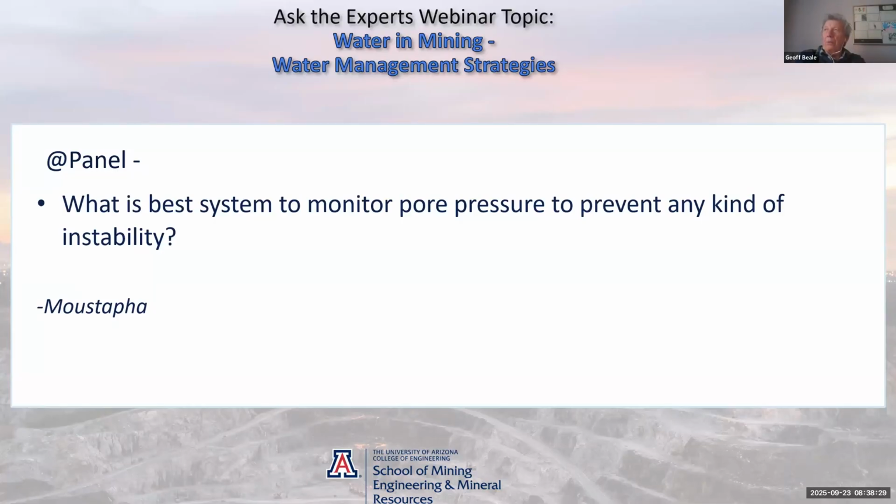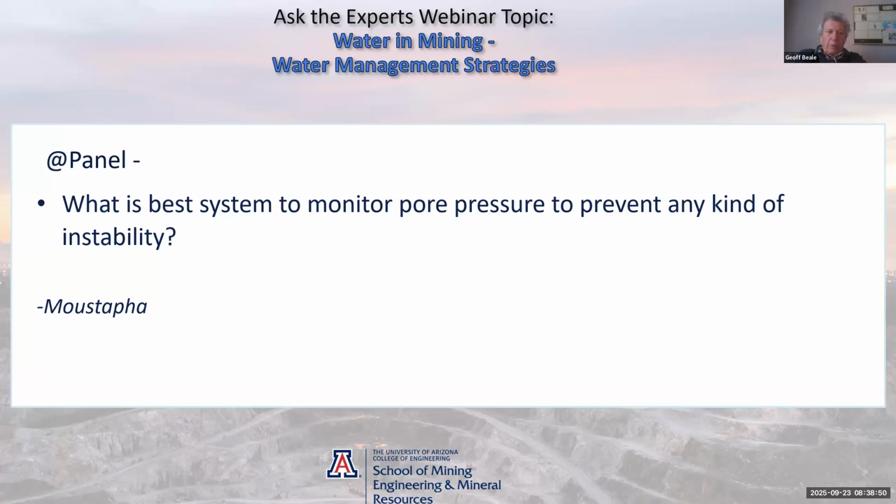So one of the things we've been trying to do more and more in the last couple of years is put in horizontal piezometers. You can put the piezometers down on the bench you're mining, and that'll tell you the pore pressure in the mining bench, and the pore pressure above the mining bench as you mine the slope down.